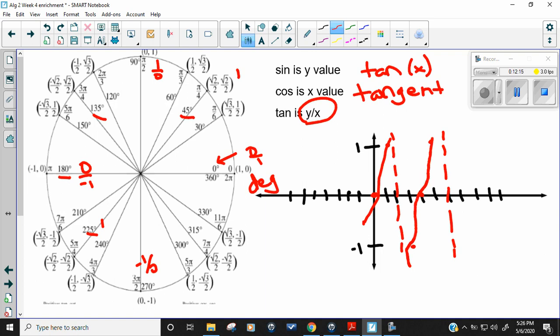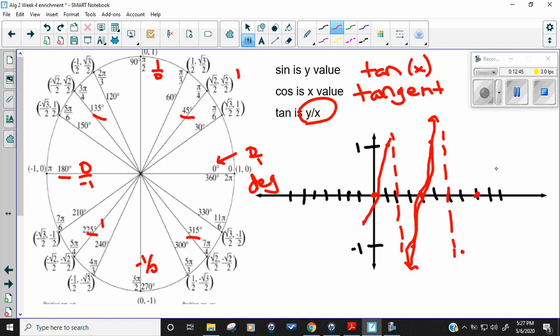It's like a cubed graph in between, which mine does not look like, but it kind of curves like that. If you have a graphing calculator or you go to Desmos online, you could graph tangent of x. Okay, so I'm right here, 270, now 315, negative 1, so it's going to be at negative 1. And then at 360, it gets back to 0.